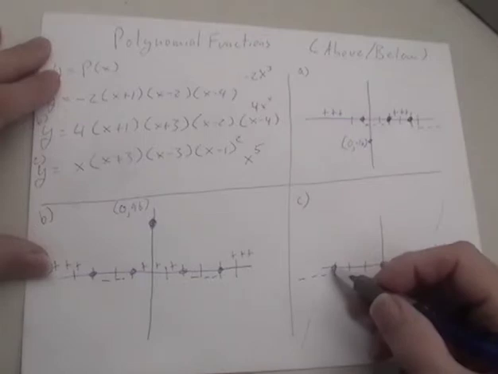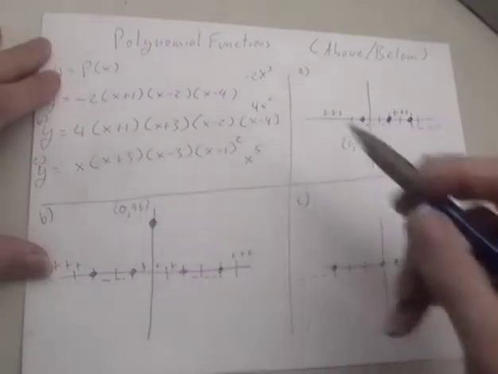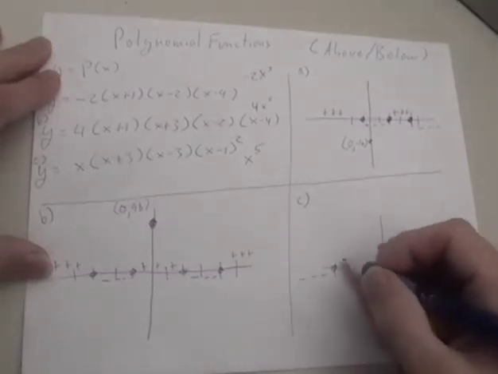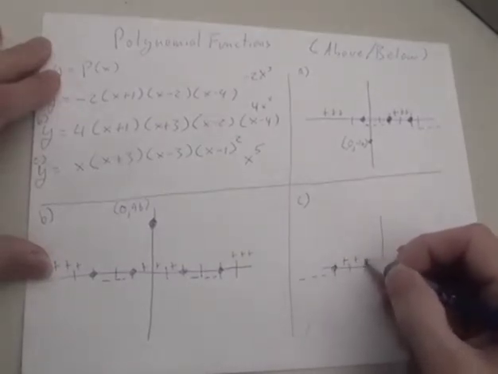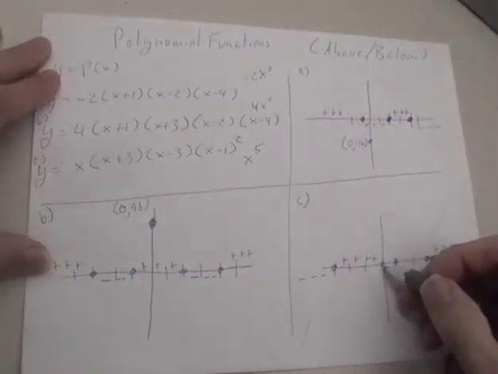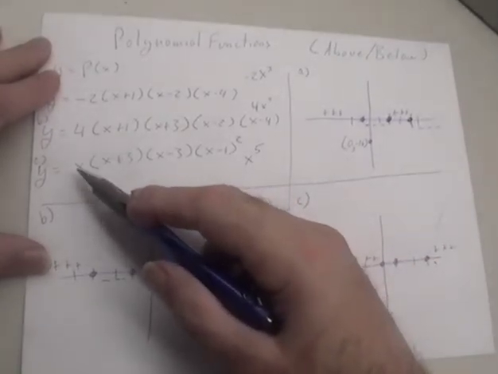As I go through -3, this term will change from being negative to being positive. That's a single change, so it should change the entire function from being negative to being positive. Next, it hits the origin. This term now changes from being negative to positive as we move from left to right.